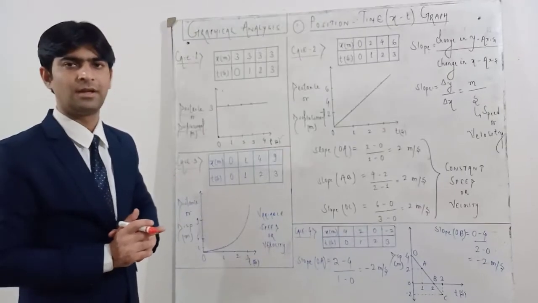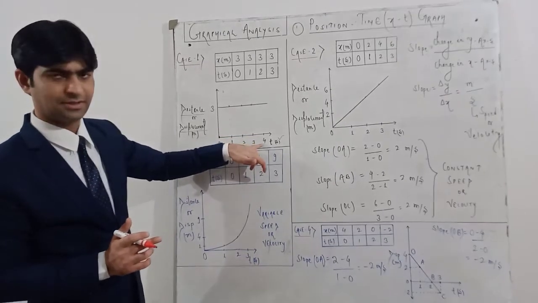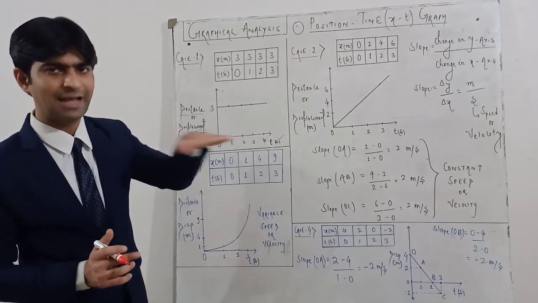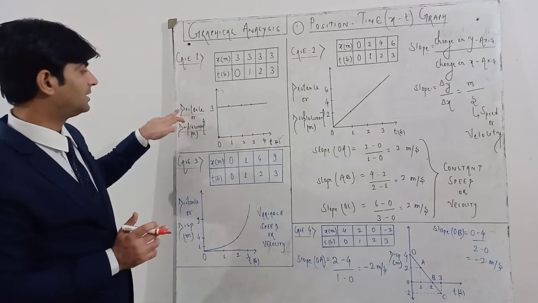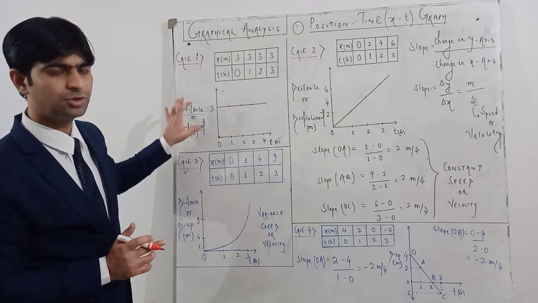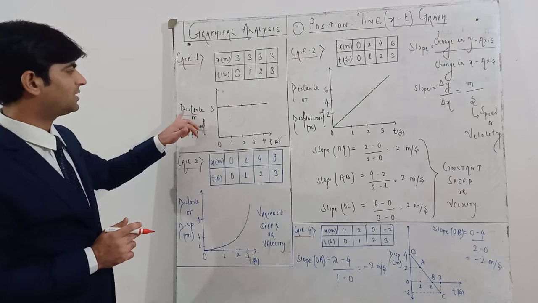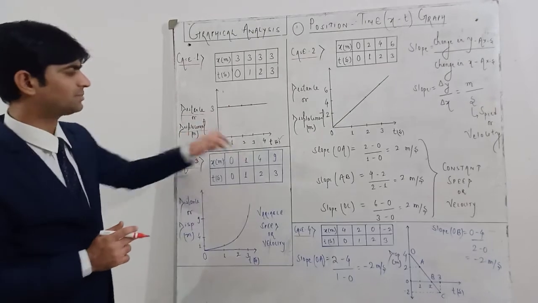to time. If you get a graph parallel to the time axis, which graph? Distance time graph and displacement time graph. Here I have written both things. I have mentioned both the parameters. You may take it as distance time or displacement time.